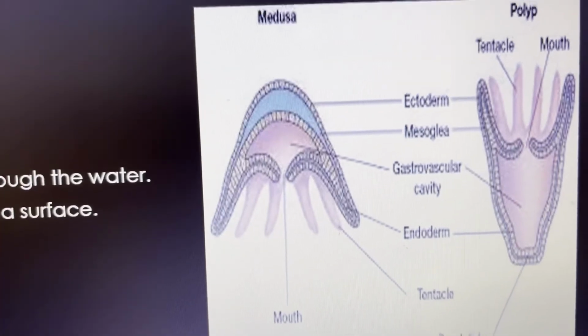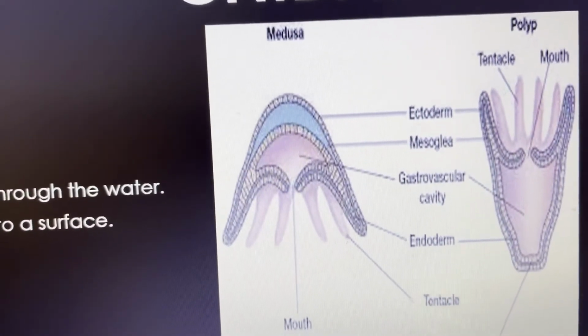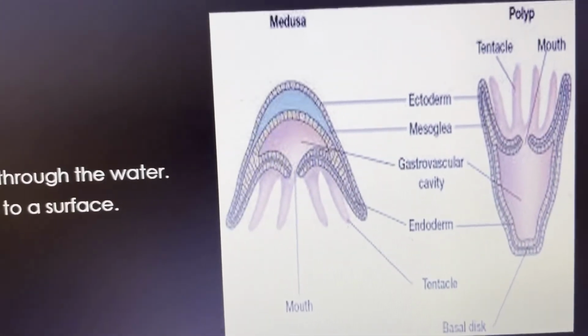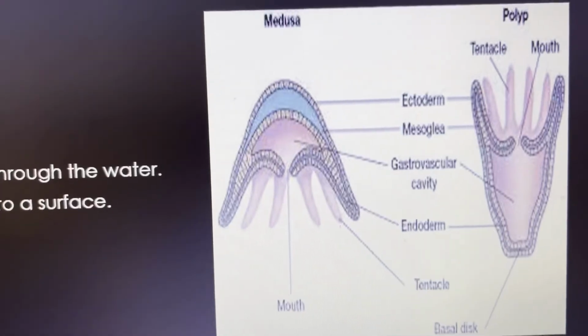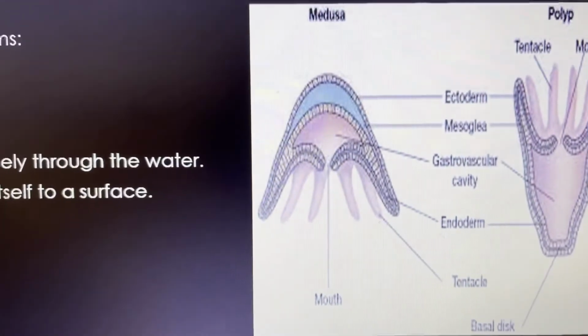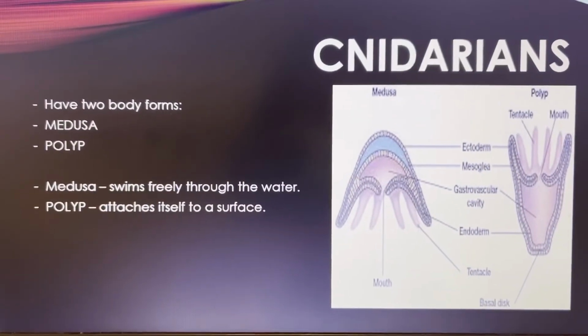Both have the same parts: ectoderm, mesoglea, gastrovascular cavity, endoderm, tentacle, and basal disc. The medusa has an umbrella shape, right? So it's all about Cnidarians. Now let us move to the next one.